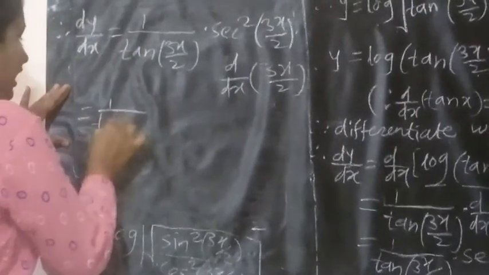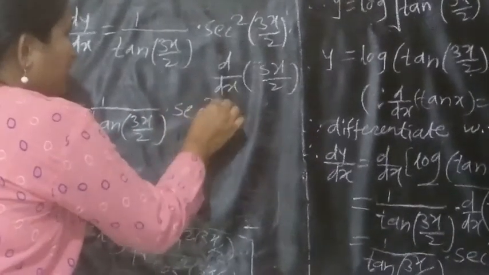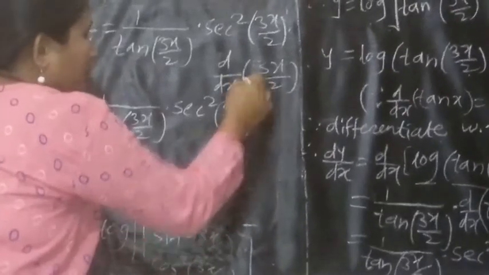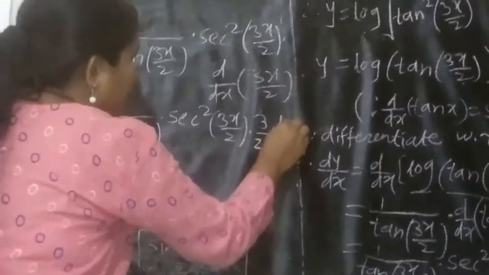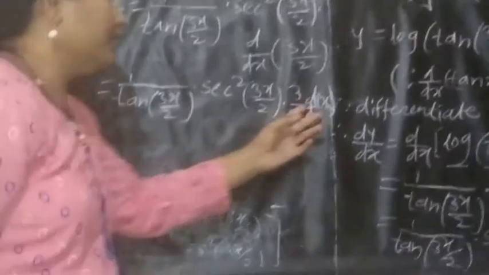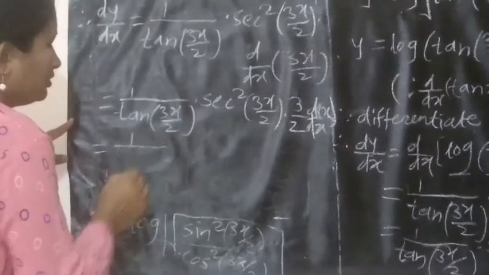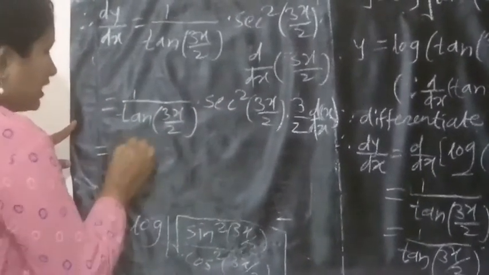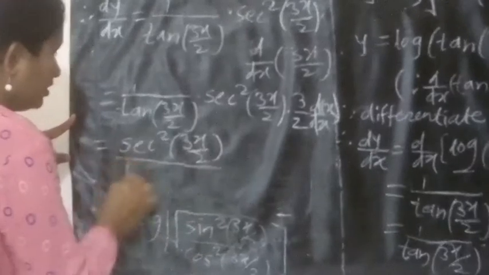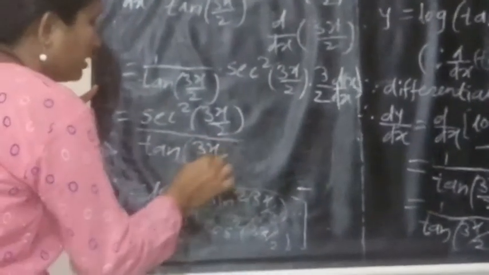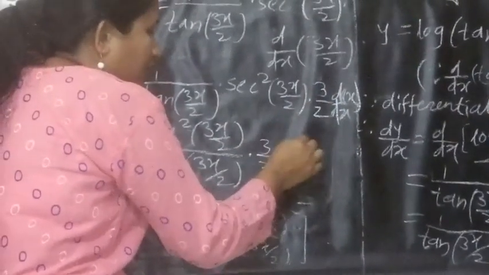Therefore 1 upon tan 3x upon 2 as it is, into sec square 3x upon 2, into 3 upon 2 which is constant, d by dx of x, and d by dx of x with respect to x is 1.